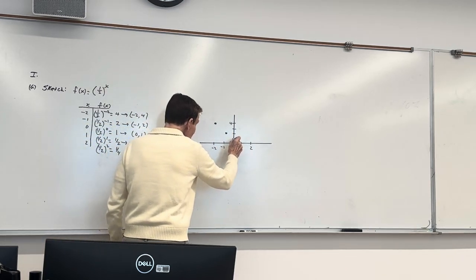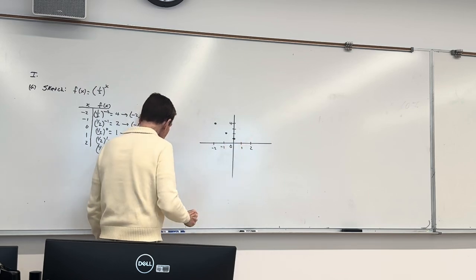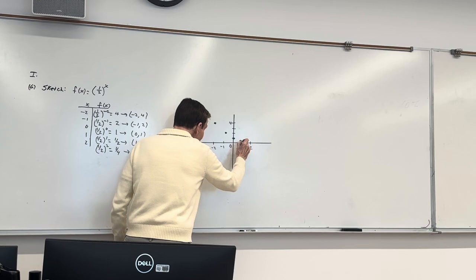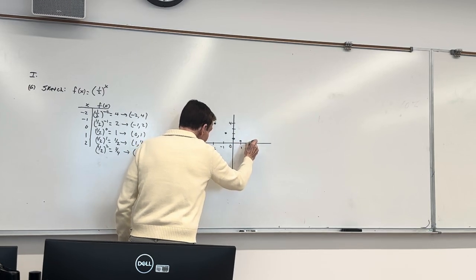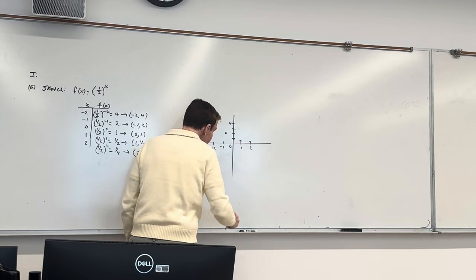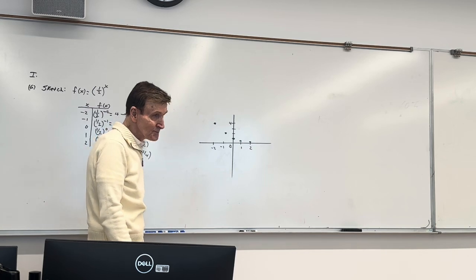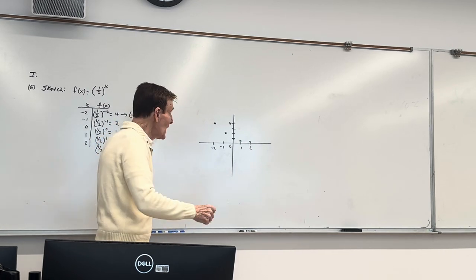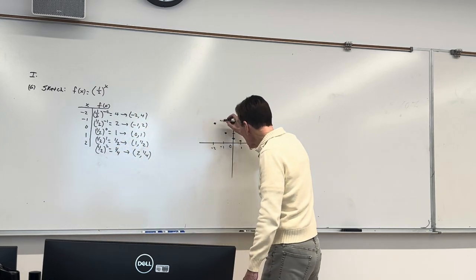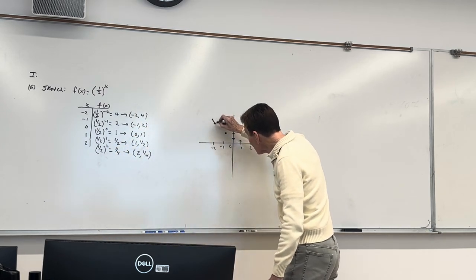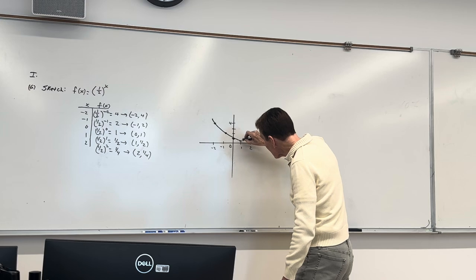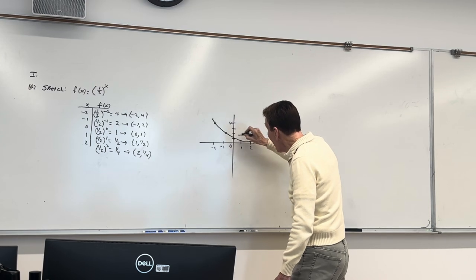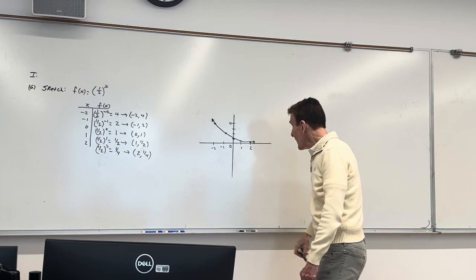I'll plot it here. 1 goes up to 1/2. I'll plot it here. 2 goes up, barely up, 1/4. And I can plot more points. Is that enough to see the shape of the graph coming out? If I connect the way it looks right now, please tell me, does it look something like this? As a graph.